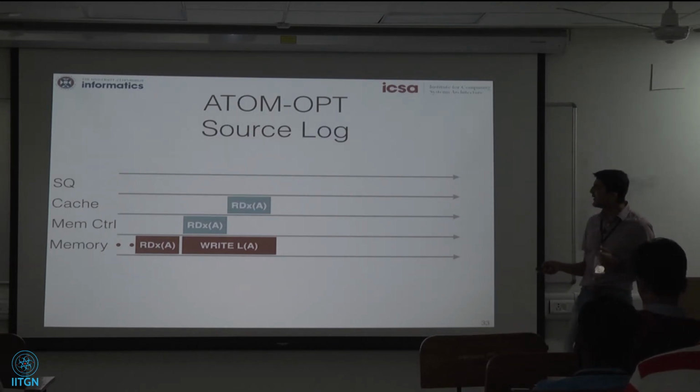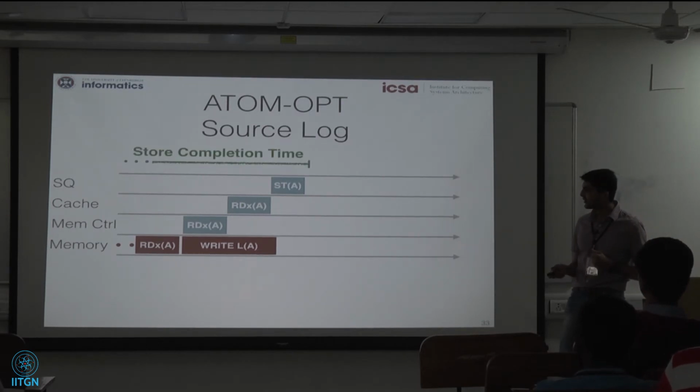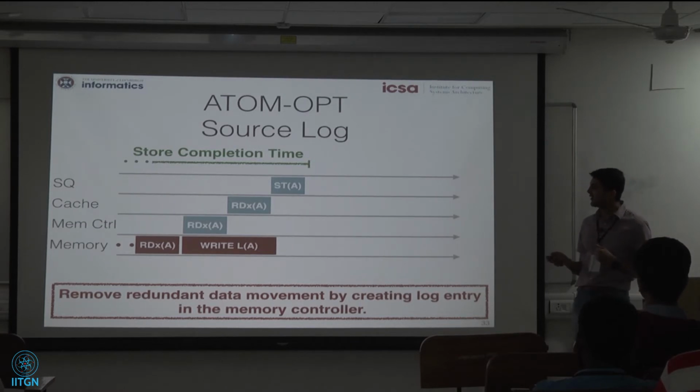And it will send that value back to the cache, setting a bit saying that the log write has also been completed, and it will essentially complete the store request. By doing this, we are able to eliminate redundant data movement between the memory controller and the cache hierarchy.